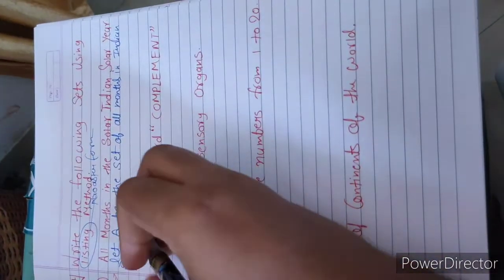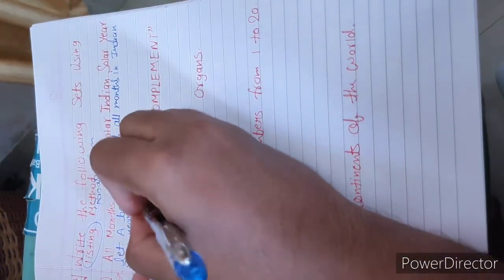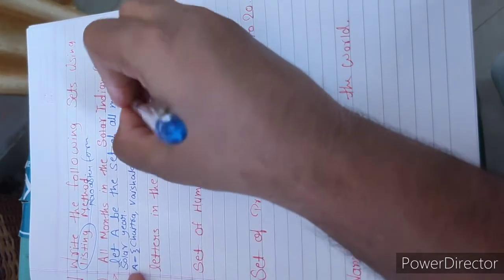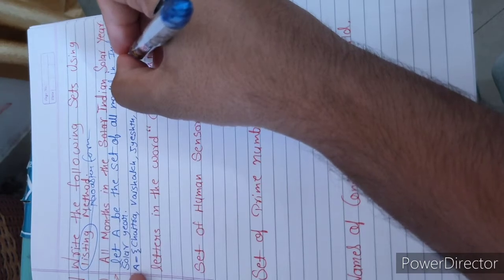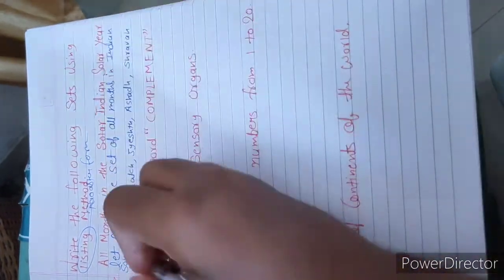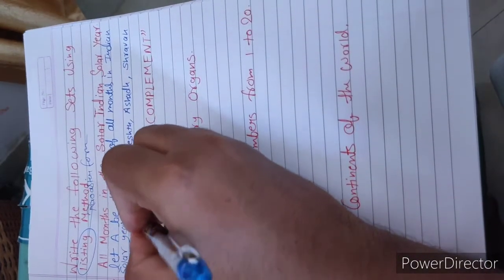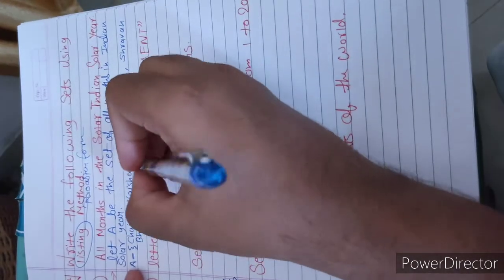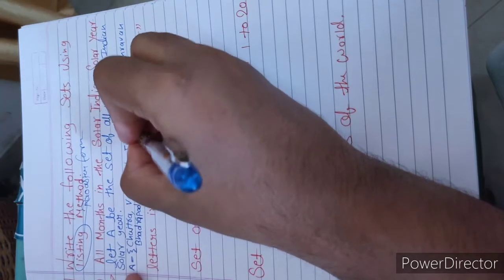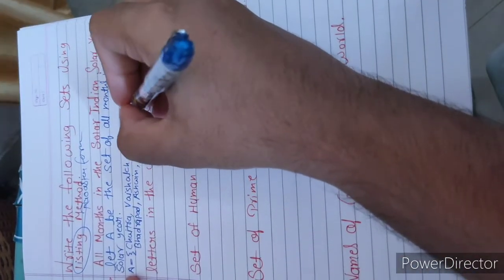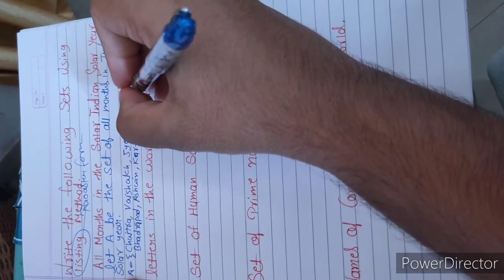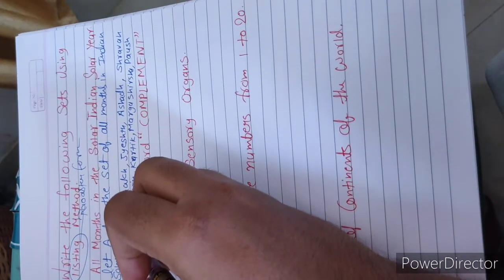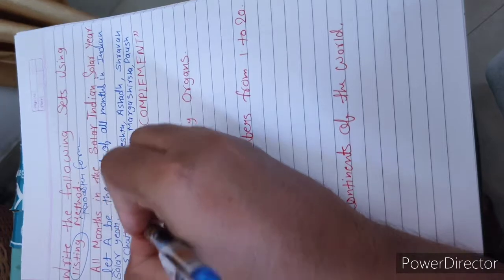What are they? They are Chaitra, Vaishakh, Jyesht, Ashad, after that Shravan, Bhadrapad, Ashwin, and Kartik, Agrahayan, Margashish, Posh, Magh, and Falgun.